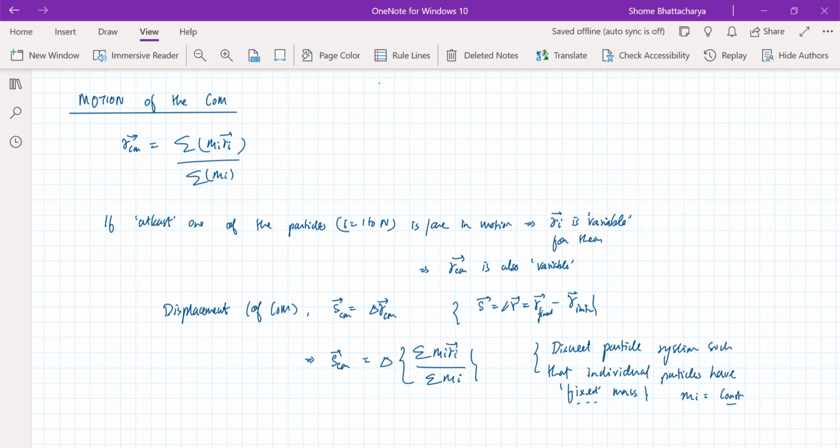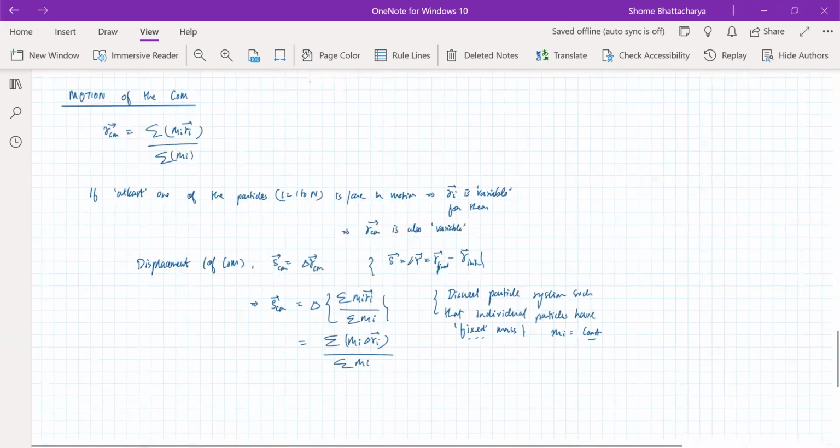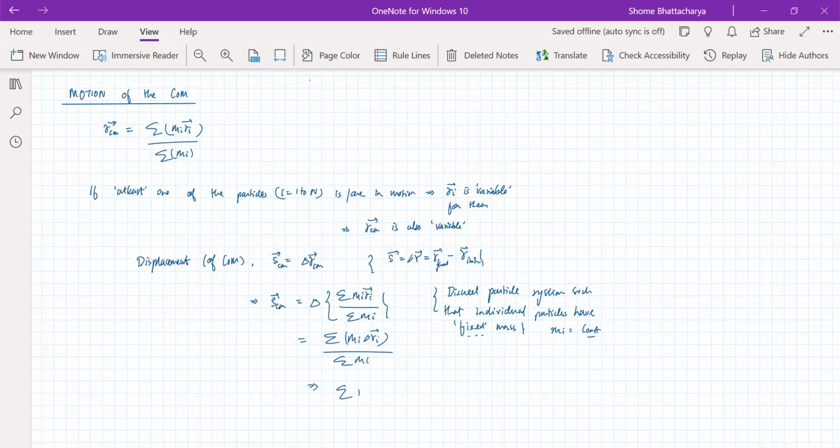So when we apply this summation inside this bracket, the denominator is totally independent of it, and the summation in the numerator goes and applies to the positions because they are variable, but the masses are fixed. So that way we'll now see that this becomes summation m into s, because change in position of any particle is the displacement of that particle.